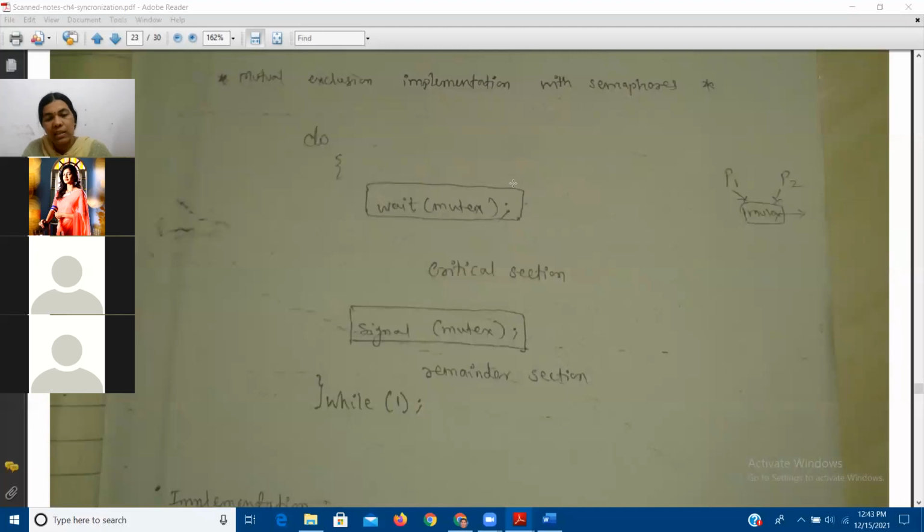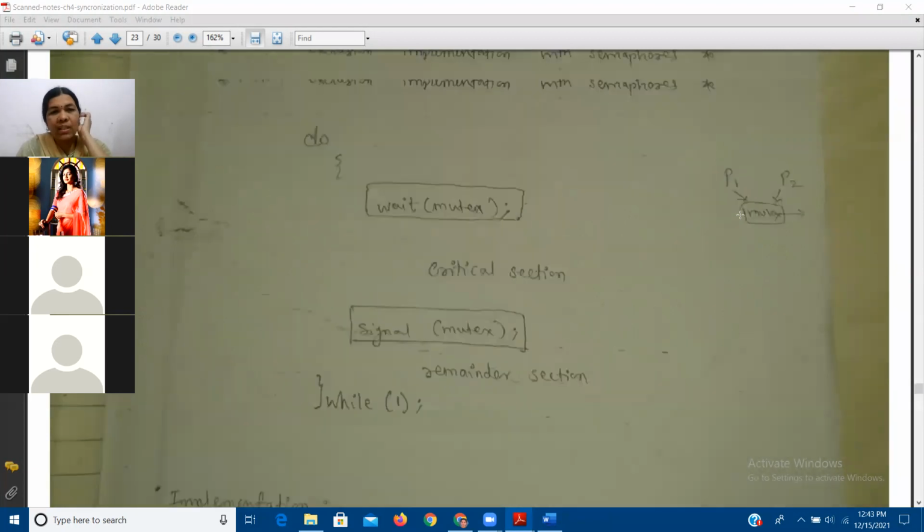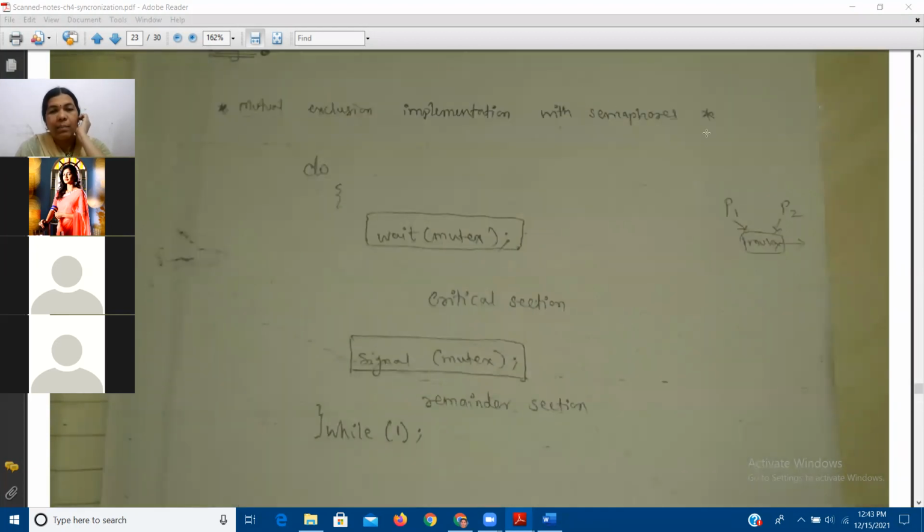Wait means decrement the variable; whenever the variable reaches 0 according to our example, you can enter the critical section. And once your use inside the critical section is over, increment the variable again to 5. So signal(mutex), and again the remainder section. This is the structure of a particular process in semaphore.